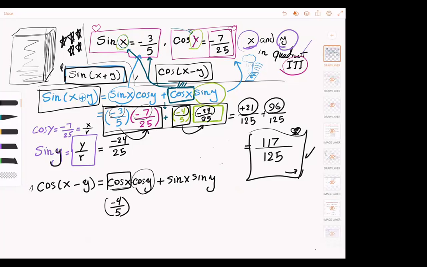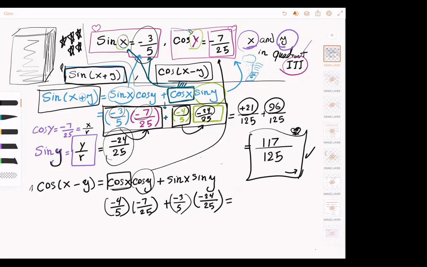Cosine of y, it was given all the way from the beginning, which is negative 7 over 25, plus sine of x, we have it, negative 3 over 5. And sine of y, we solved it here, is negative 24 over 25, equal to.